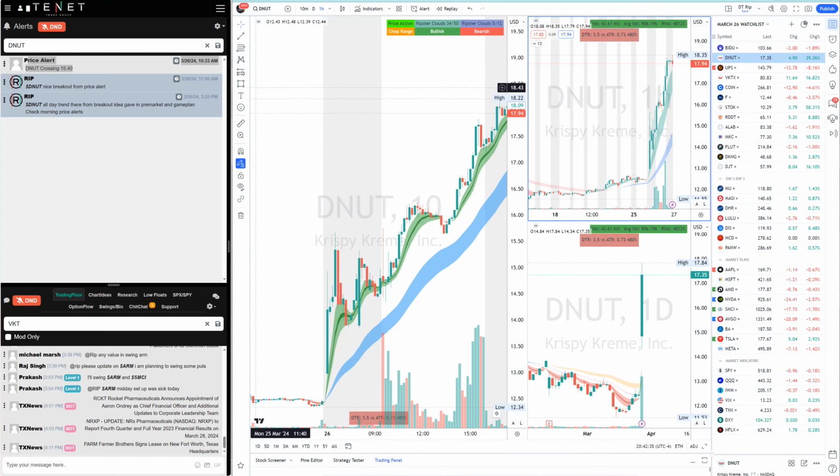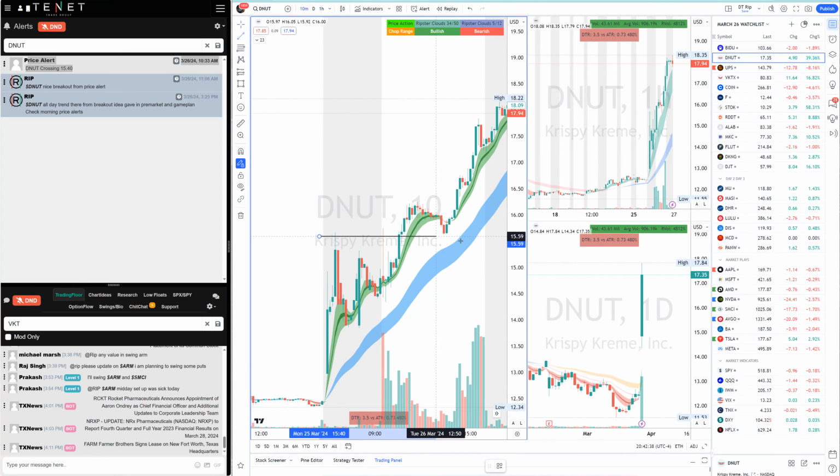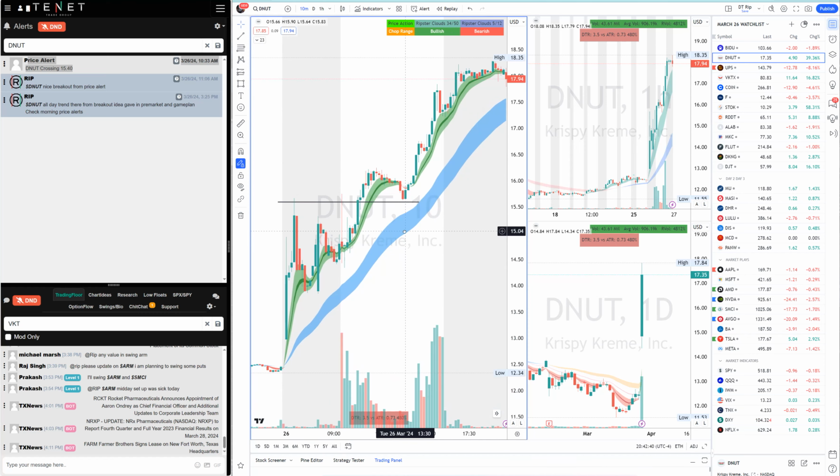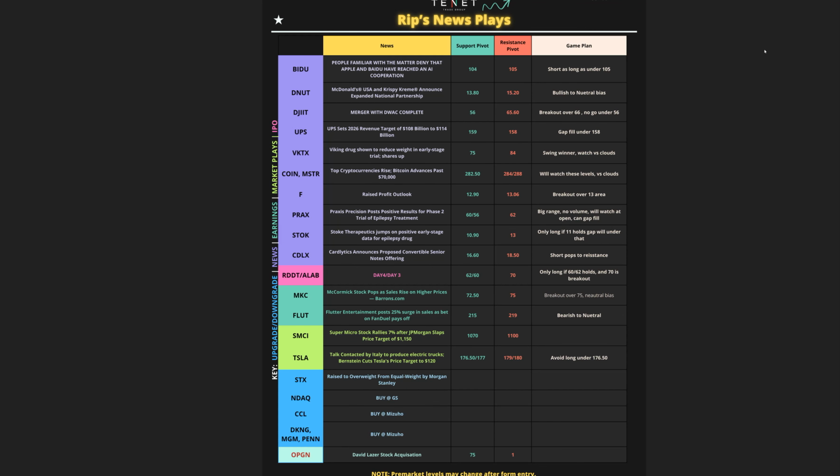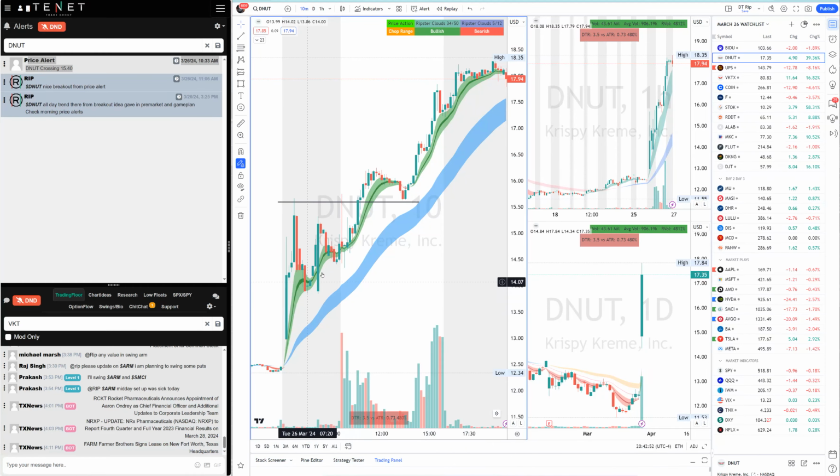Since it broke out of that price alert, Donut went on a run all day. It held these 512 clouds, held over our 14 and our cloud levels, and when it breaks out of 1540 and 1550, then it pushes, retests, pushes, right?